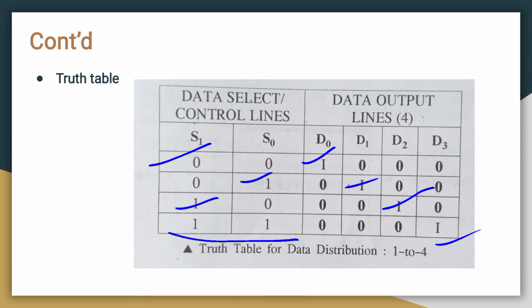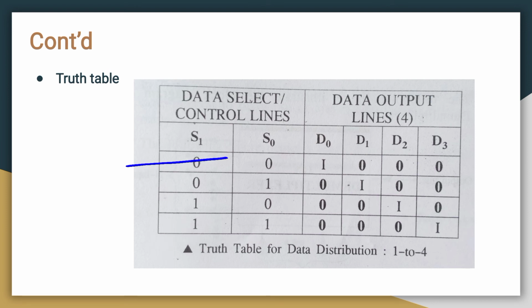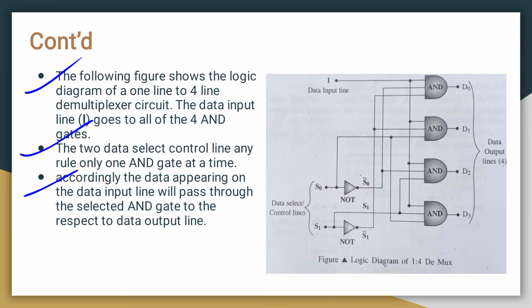So depending on the inputs, it will select the lines. Clear? So this is about the demultiplexer with an example, the 1:4 demux, where there is only one input line and 4 outputs. Depending on the selection of the control lines, it will show the condition of the individual output line.